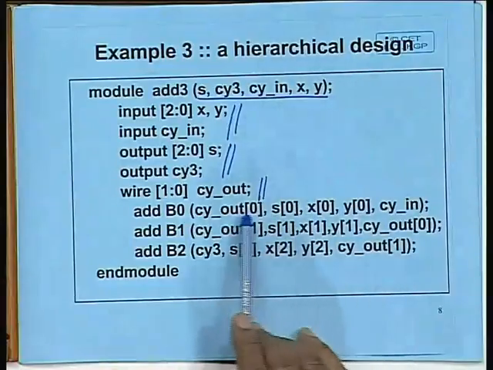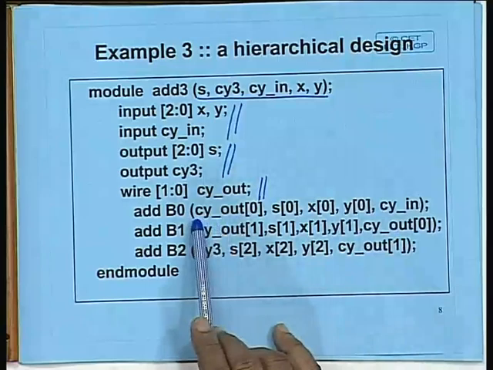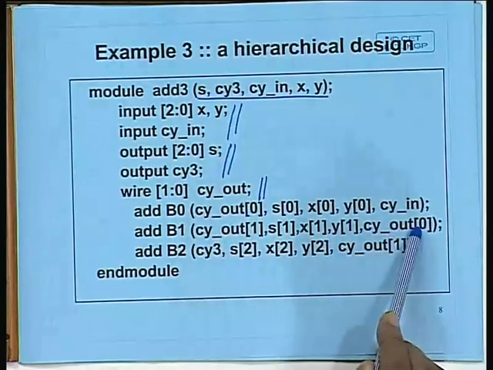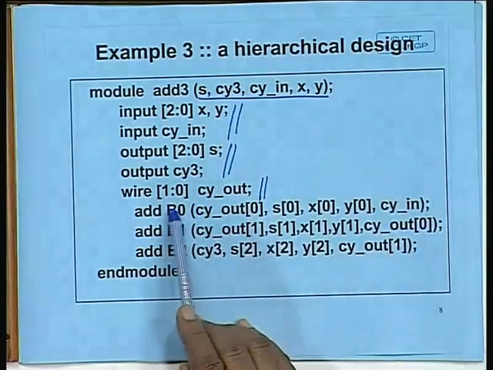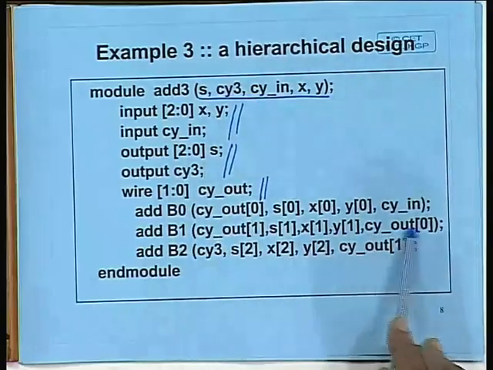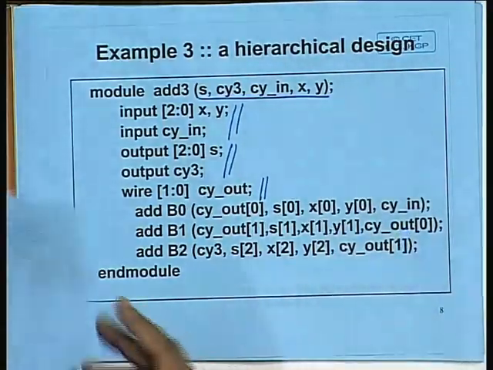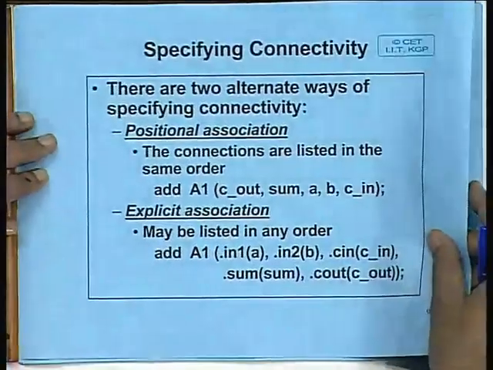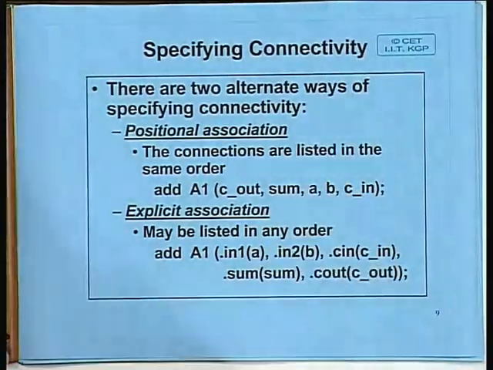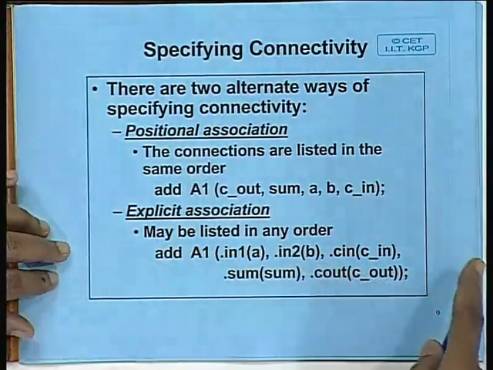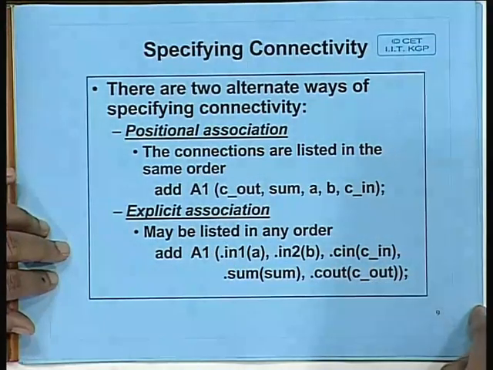Now, as you see from this example, the way we specify the interconnection is by explicit naming. The cy out 0 means that the output of this module B0 will go into the input of this module B1. Now, there are 2 ways of specifying such connectivity. One is called positional, which was illustrated in the previous example.